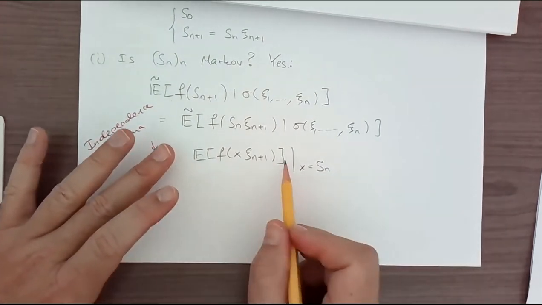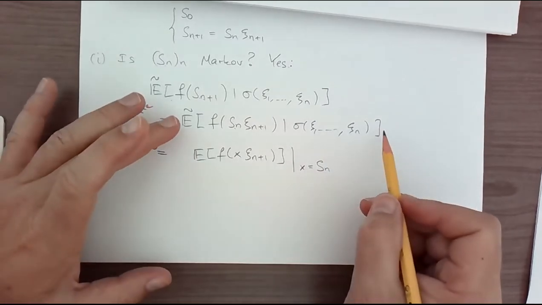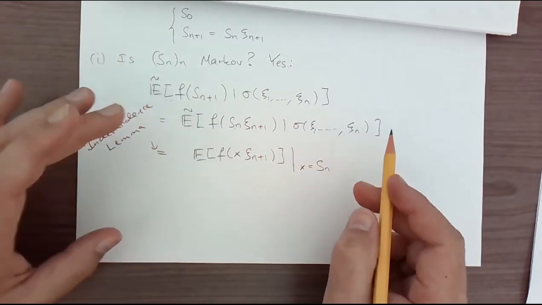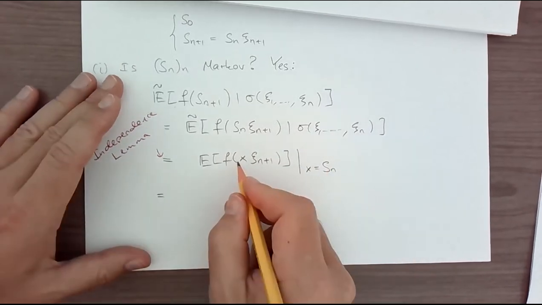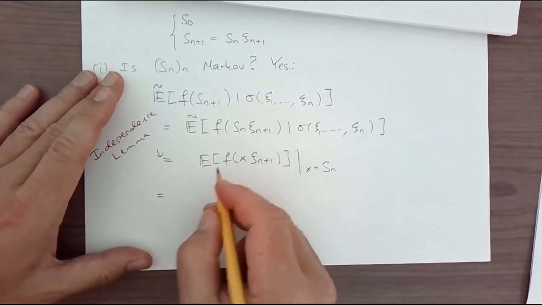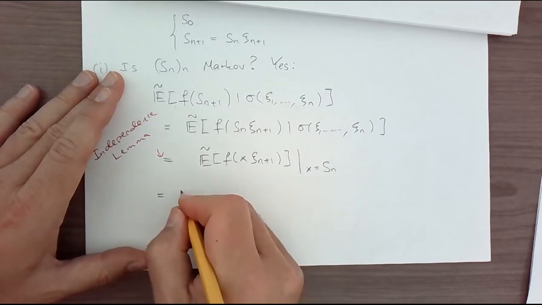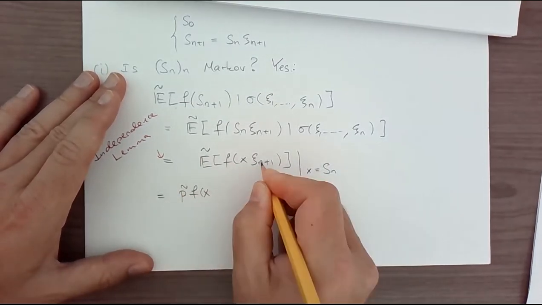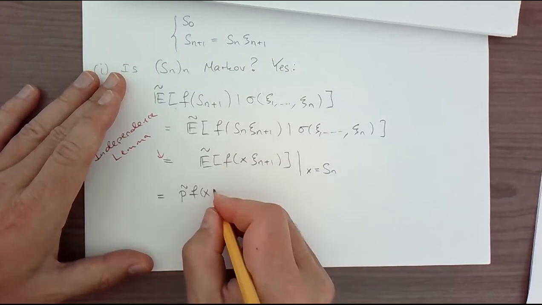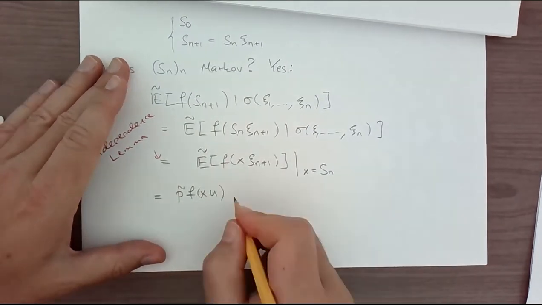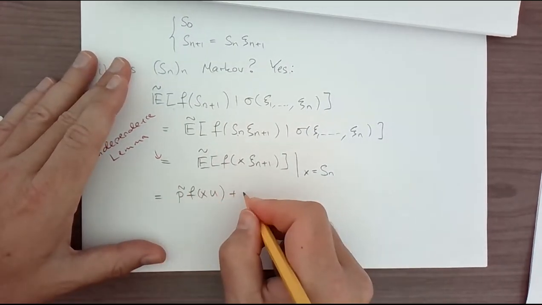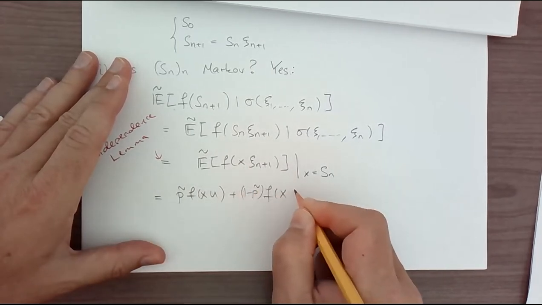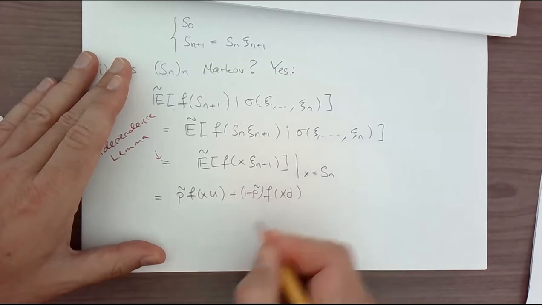Here this is an unconditional expectation, whereas the original was a conditional expectation, so the result is a random variable measurable with respect to all these coin flips. Let's work out what it is. Under the risk neutral measure, I need P tilde times f of x times u, where P tilde is the up probability, plus 1 minus P tilde times f of x times d.